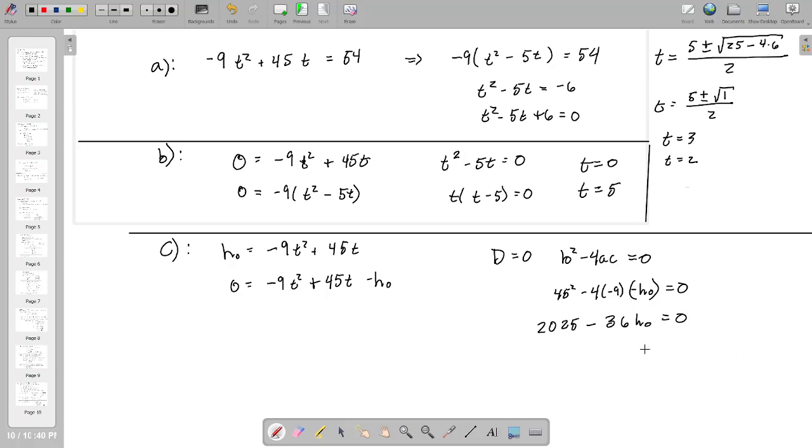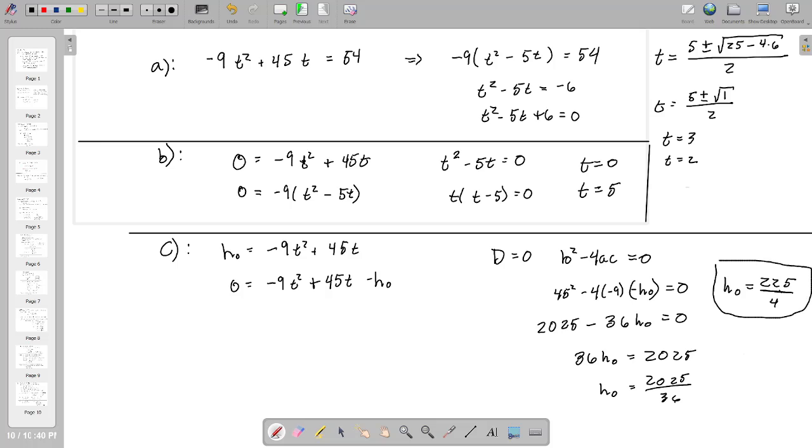Then we add the 36 h sub 0 over, and we get 36 h sub 0 is equal to 2025. Divide by 36, and we get h sub 0 is equal to 2025 divided by 36. Now this reduces because 9 goes into both. So h sub 0 will equal 225 divided by 4.